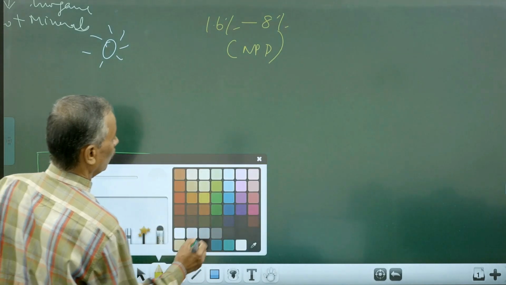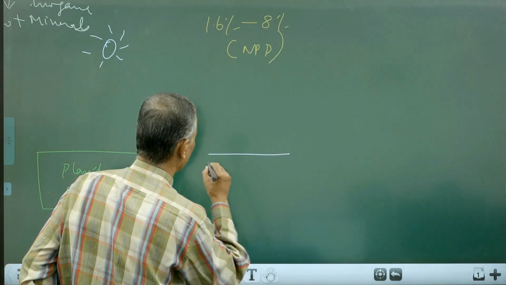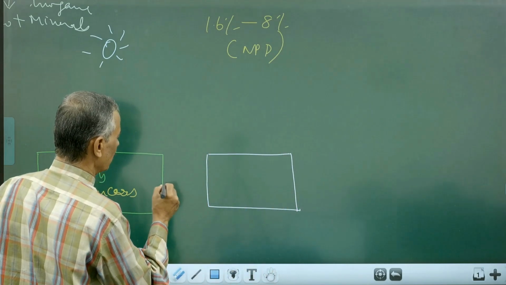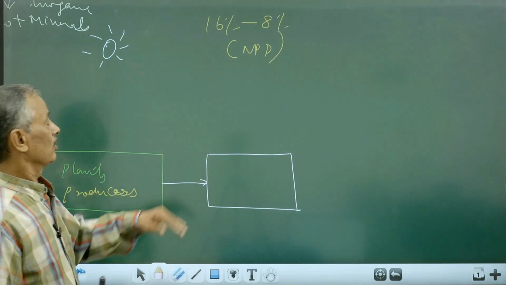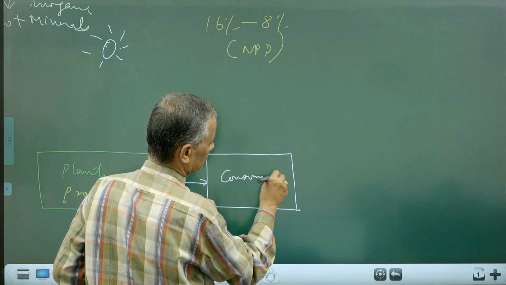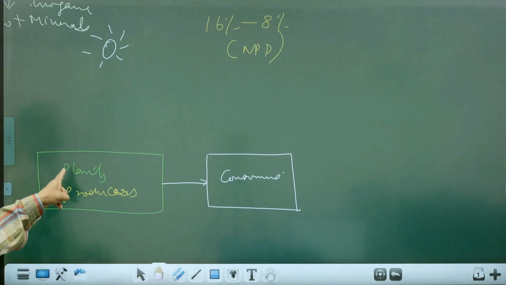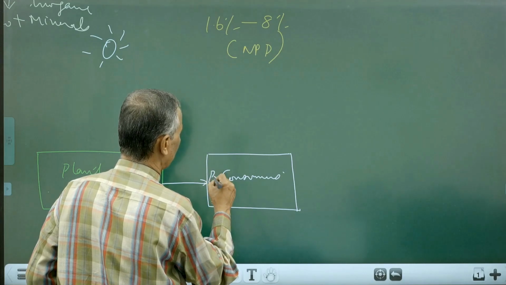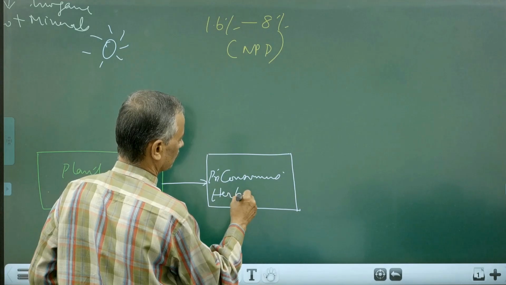And now the consumers come and eat. Remember, when consumers come and eat on them, they will get energy. Who are those that feed directly on plants? They are all called primary consumers. They are all herbivores.